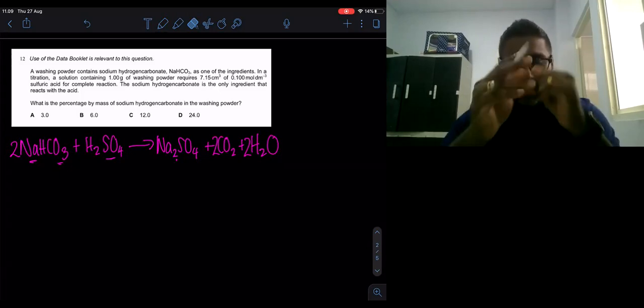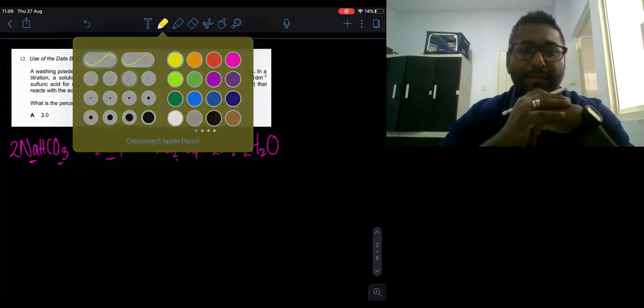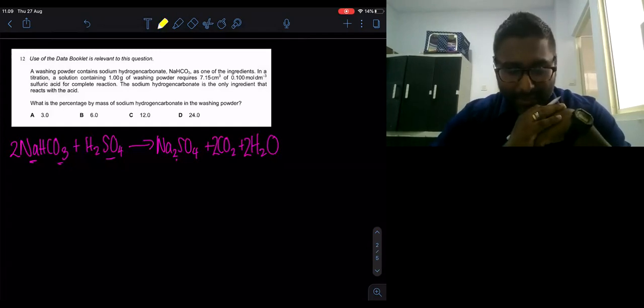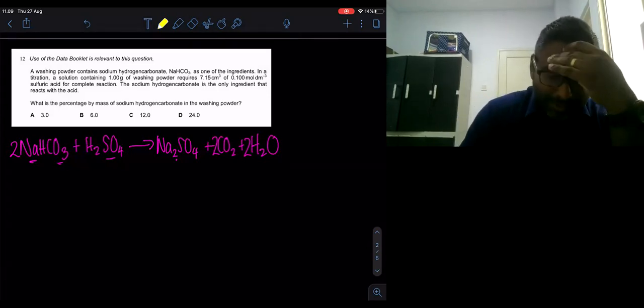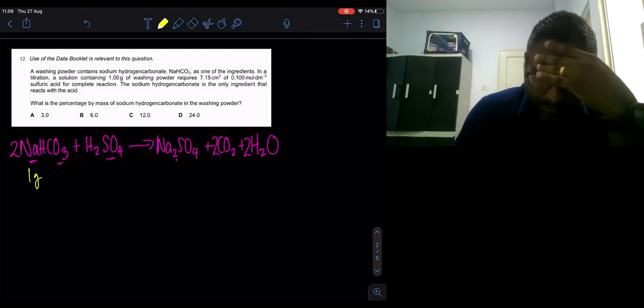Now, once you balance this, then only you proceed to do something else. They say that you have a solution of 1 gram of washing powder. So 1 gram of washing powder, they require 7.15 cm cube of 0.1 mole per dm cube. Find out the number of moles.